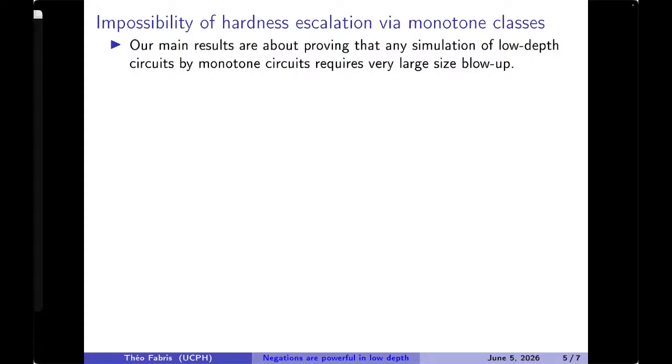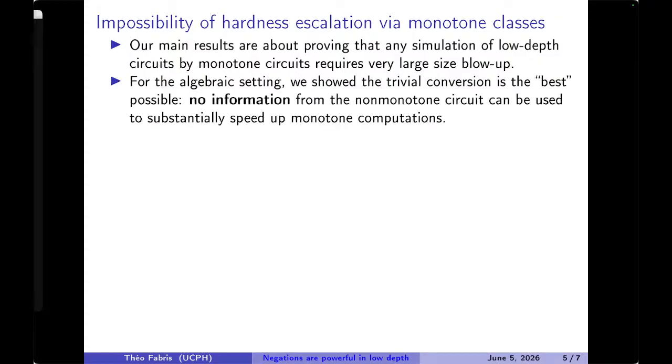This is a general thing of the results in this paper, but for the algebraic setting, the results are even stronger, because it says that no information from the general circuit that we started with can be used to substantially speed up monotone computations. And for me, this is a pretty nice statement, and that's the general idea of the results of this paper.